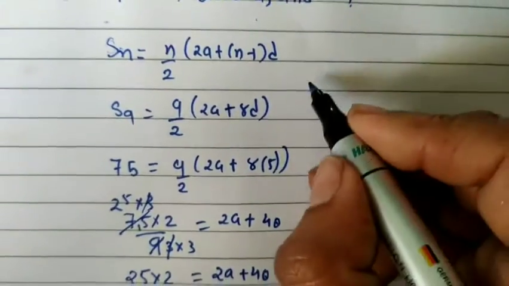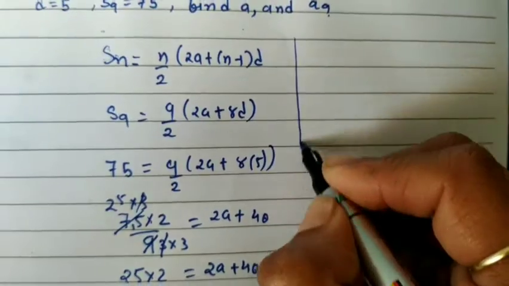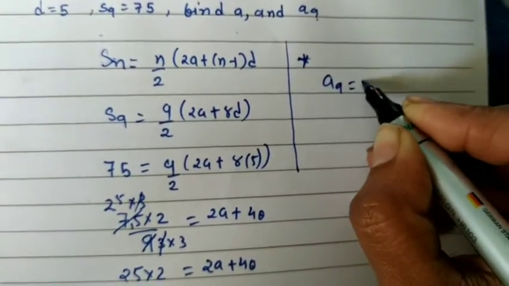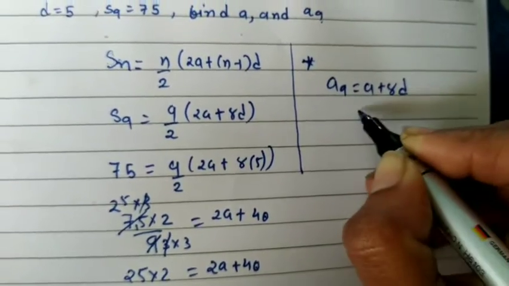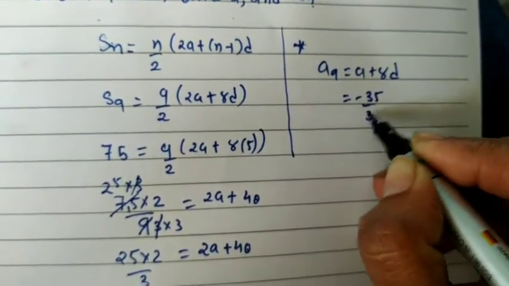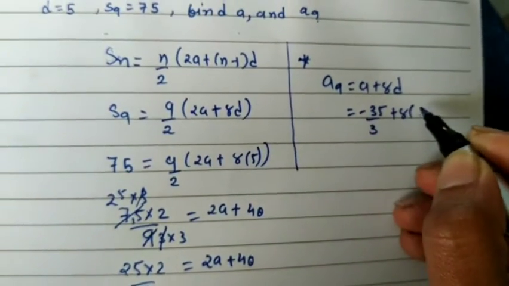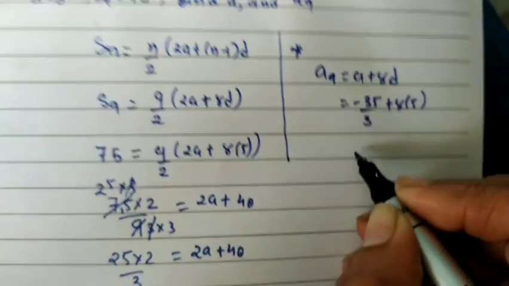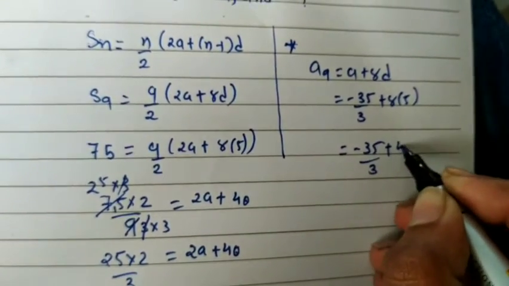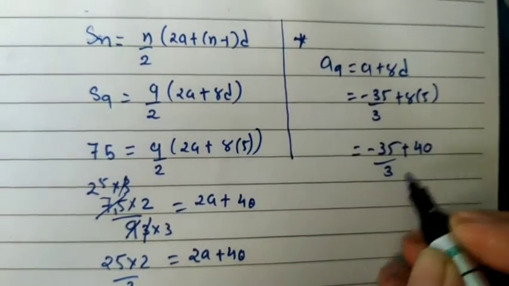Now here what we have to do? We have to find a9 again. So let us write a9. a9 is equal to a plus 8d. So a we got as minus 35 by 3 plus 8 times the difference, which we already have as 5. So minus 35 by 3, 8 5s are 40.